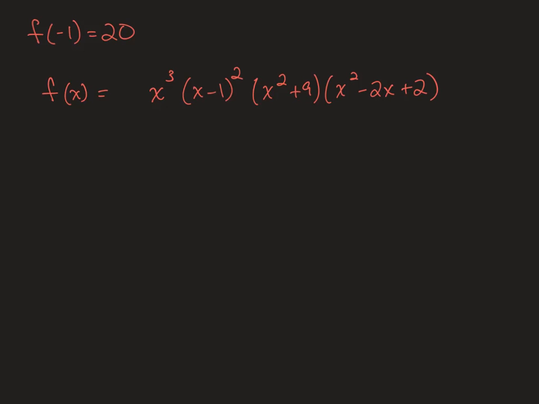About this initial condition, when you find a function solely based on the zeros, let me just draw a quick picture here. You'll notice that if you only have this zero and this zero, there are lots of different ways you can draw a function going through those zeros. You can draw something that looks like this.